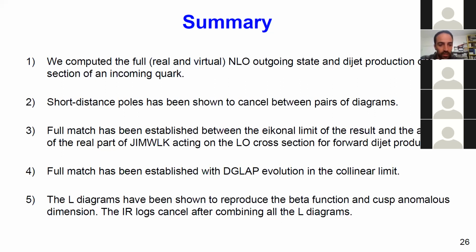And the last thing is that for the L diagrams, we managed to show that they reproduce the correct beta function in the cusp anomalous dimension, and all the infrared logs disappear once we combine everything together. So this is everything that I wanted to say, basically.